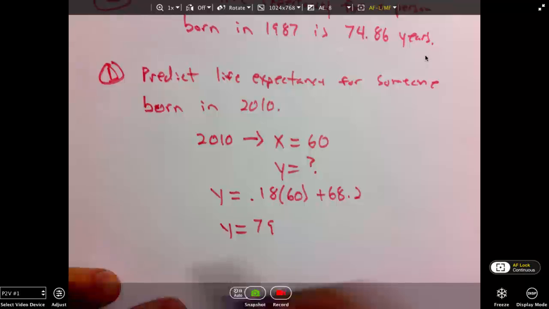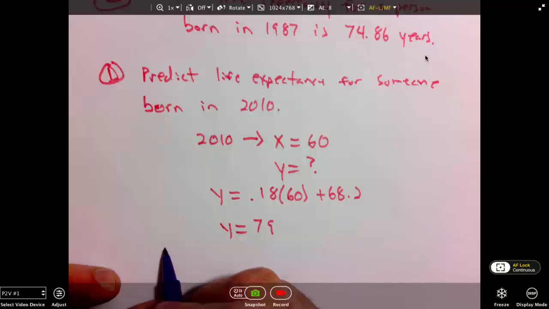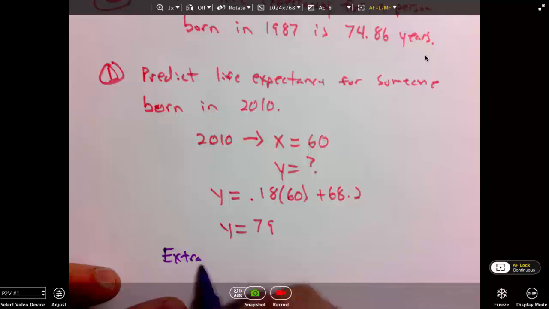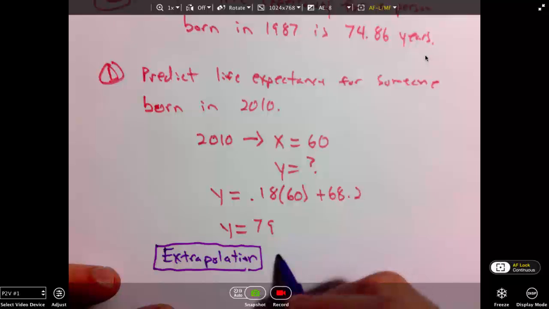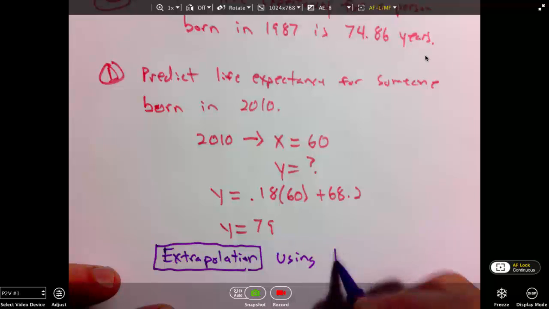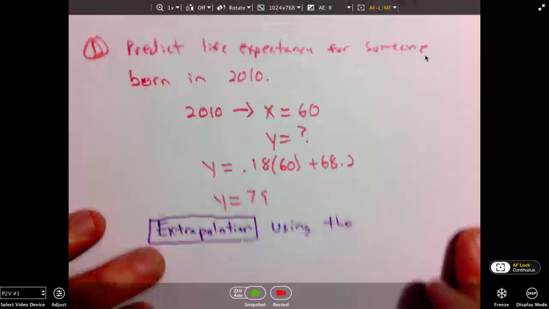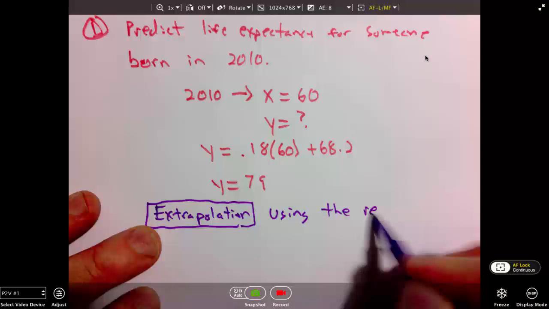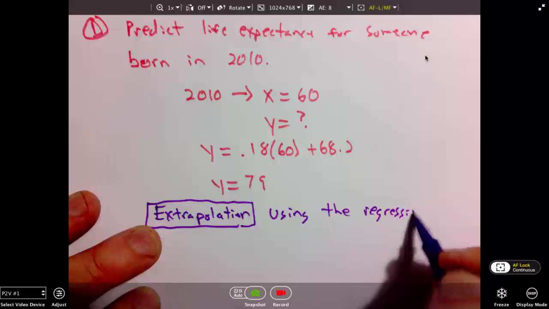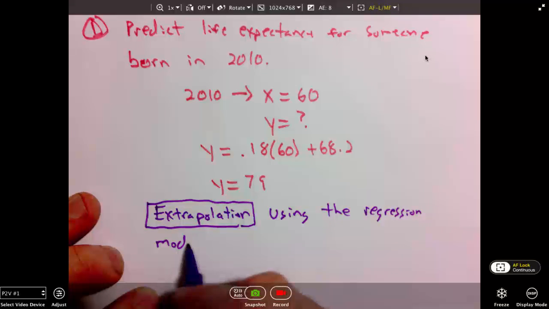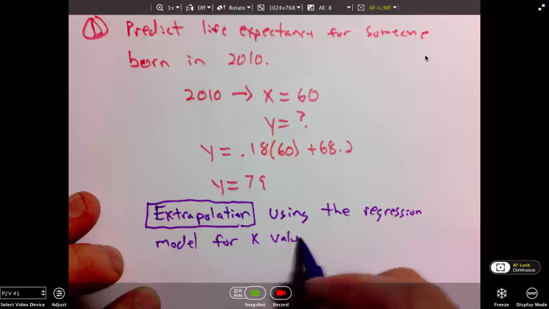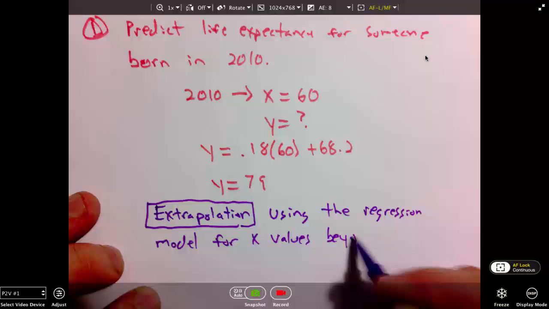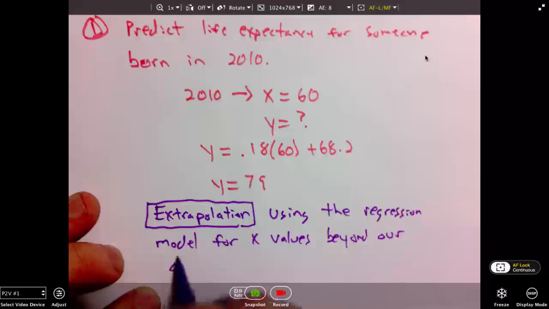Okay, so extrapolation. Extrapolation is using the regression model for x values beyond our domain.